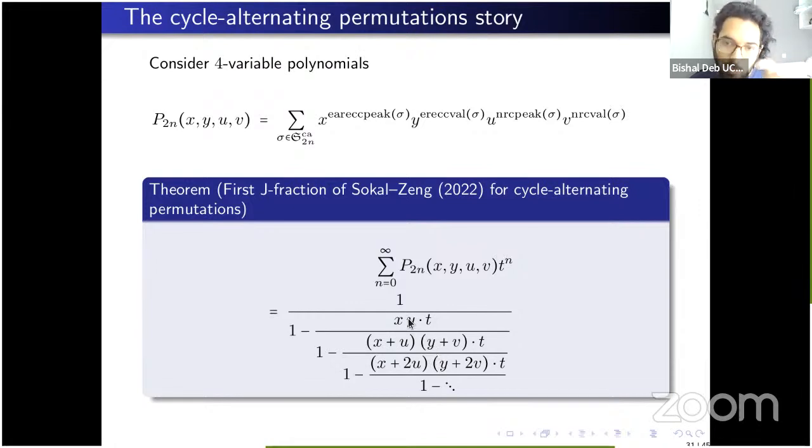In every square term, the alphas are n squared, and so you should think of it as n times n, and one part of the contribution is coming from cycle peaks, the other part is coming from cycle valleys. So you have x times y, x plus u times y plus v, x plus 2u times y plus 2v, and so on.